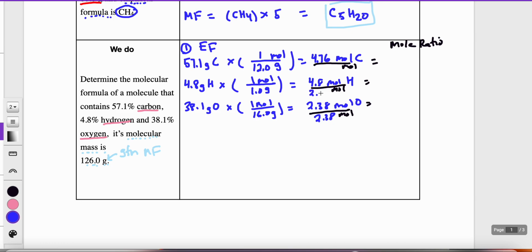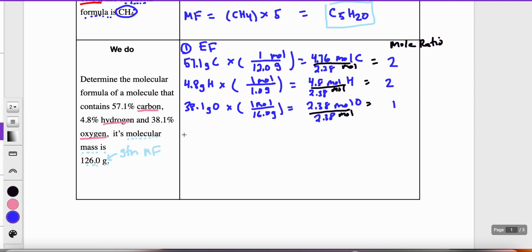So we have to divide each of these by 2.38. Well, 2.38 divided by itself, oxygen's mole ratio value is 1. So for hydrogen, it works out to be 2. And then also for the carbon, it ends up being 2.